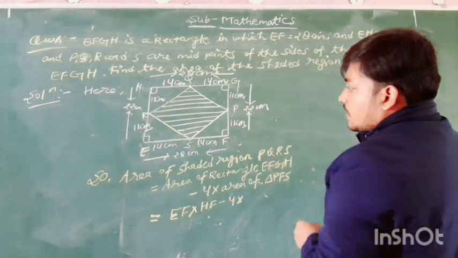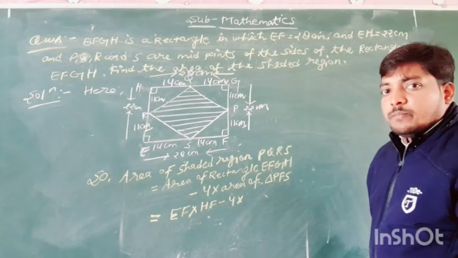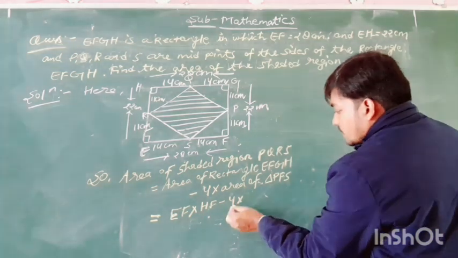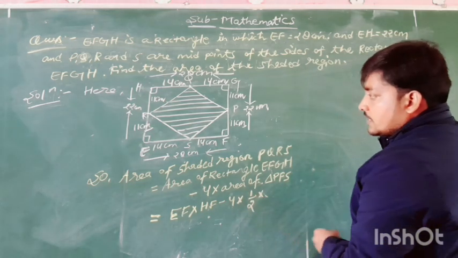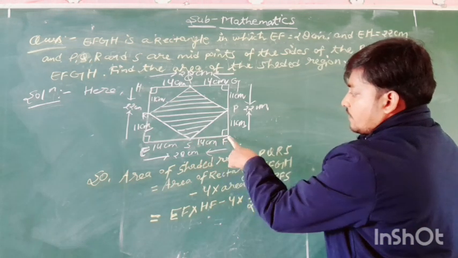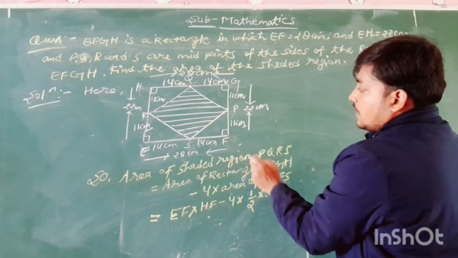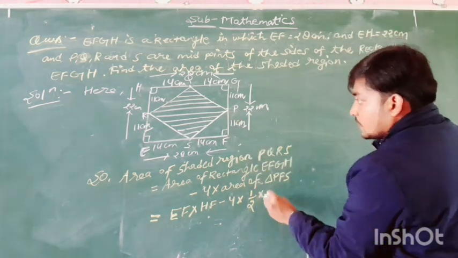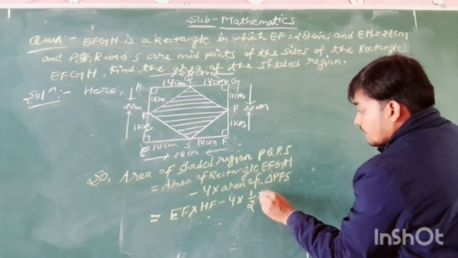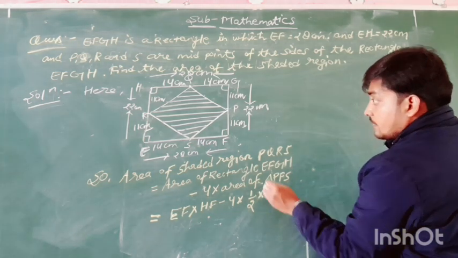As we know that area of a triangle is 1 by 2 base into height. So 4 into 1 by 2. If we consider base is SF, then the respective height is PF.